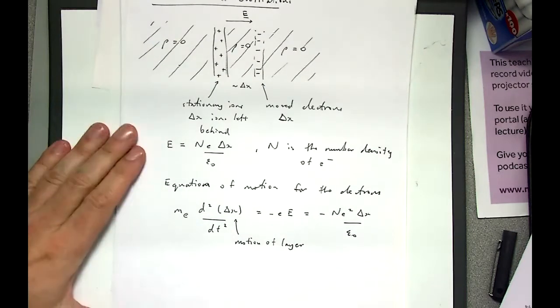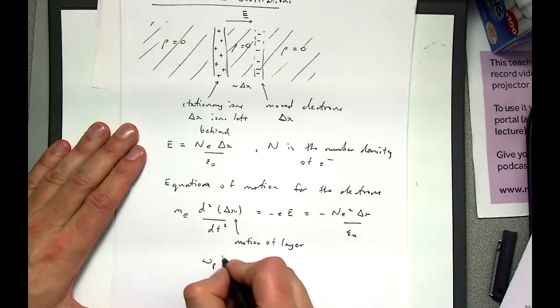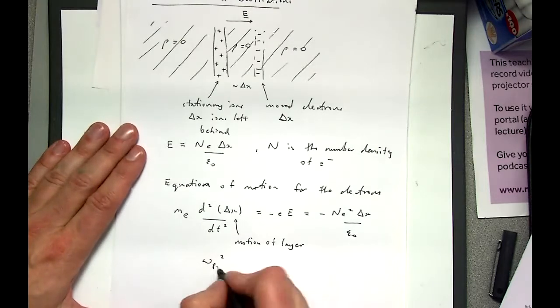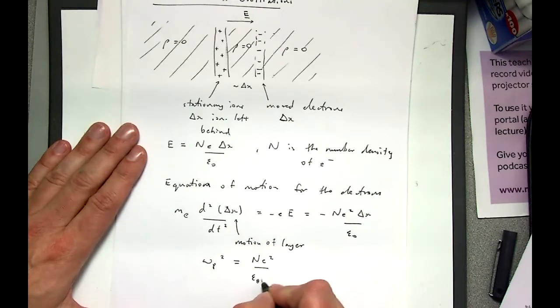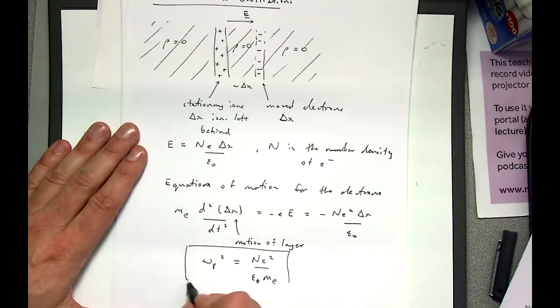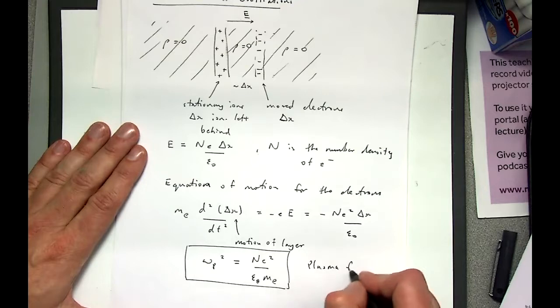Well, obviously that's simple harmonic motion, and it has a frequency given by omega p, where omega p squared is equal to N e squared over epsilon naught m e. So that is the so-called plasma frequency. You can see it's a fairly universal idea.